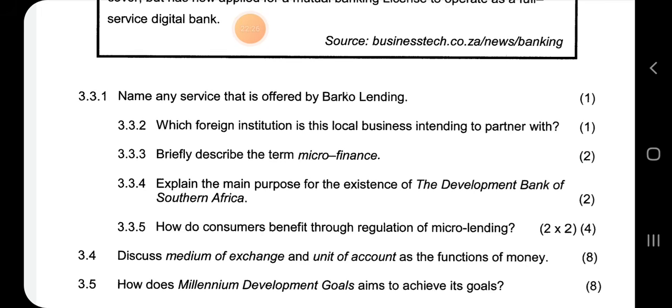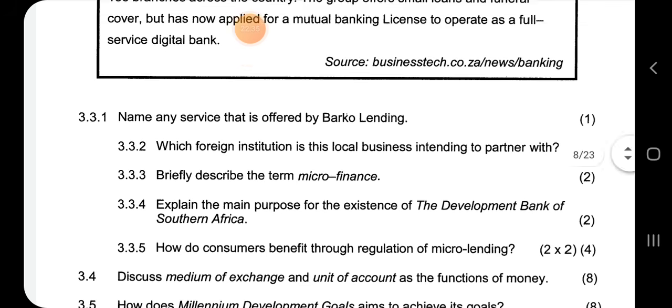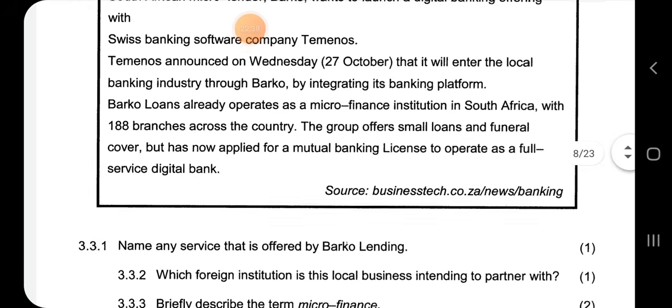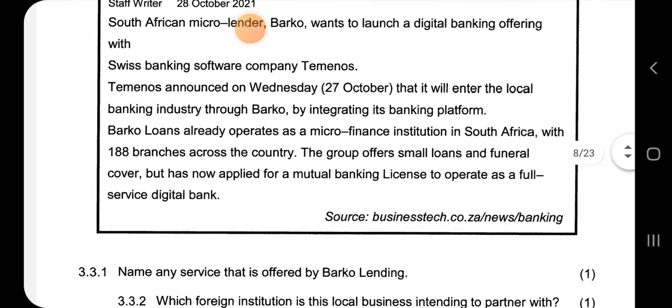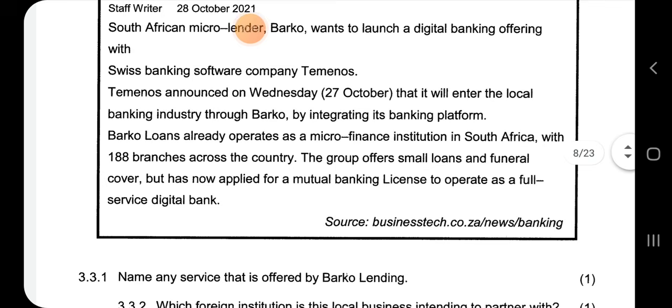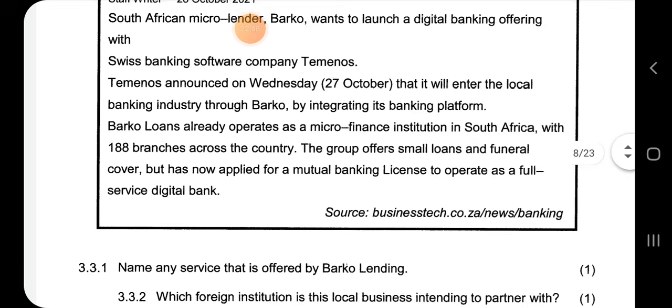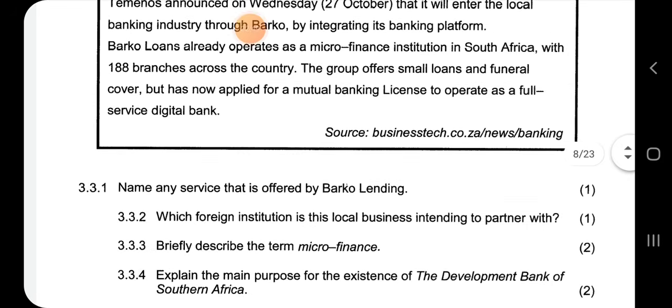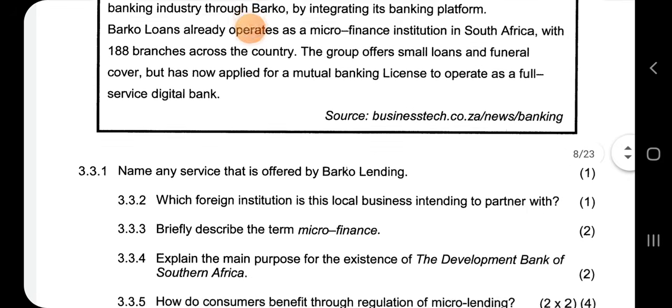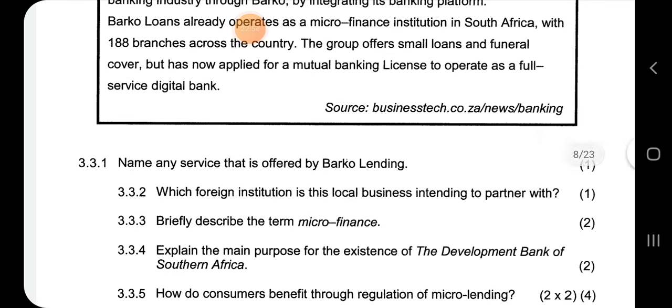3.3.2 says, which foreign institution is this local business intending to partner with? Let's see. BACO is intending to partner with Temenos. Yes, that's who BACO is intending to partner with.